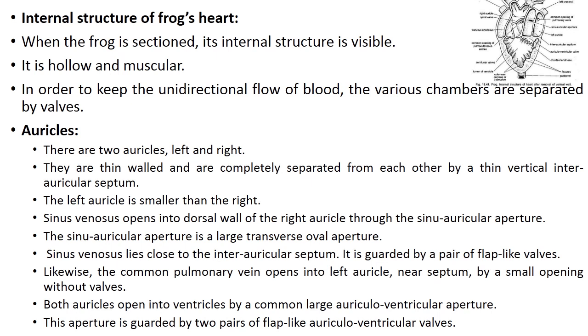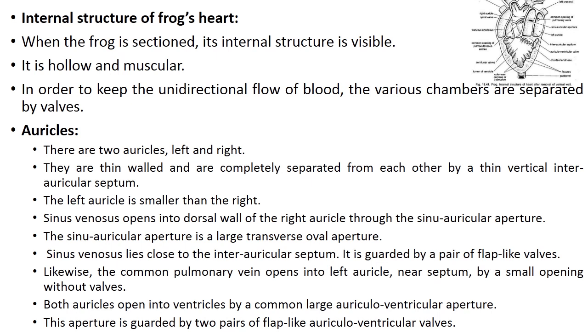They are thin walled and are completely separated from each other by a thin vertical interauricular septum. The left auricle is smaller than the right one, and the sinus venosus opens into the dorsal wall of the right auricle through the sino-auricular aperture. The sino-auricular aperture is a large transverse oval aperture, close to the interauricular septum.